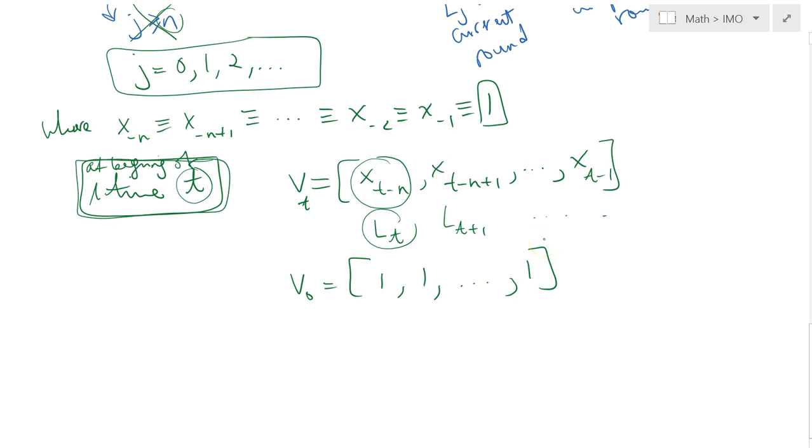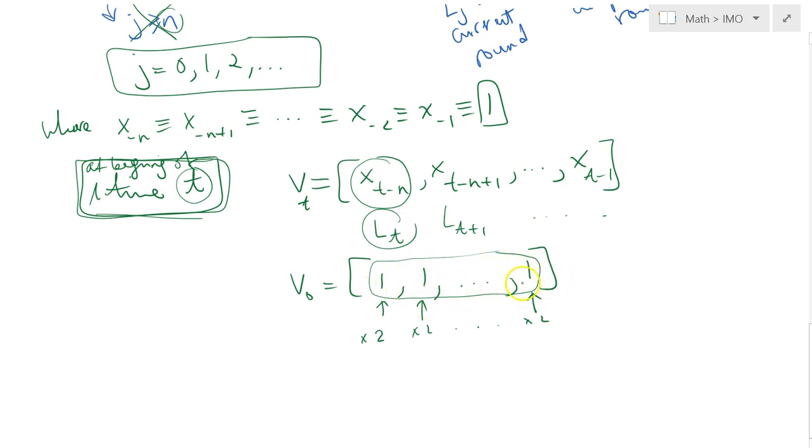Now when you think about it, this is a counting problem. How many different vectors are possible? Well, there are 2 choices for this entry, 2 choices for this one, and so on, 2 choices for each one, and this is a vector of size n by 1 or 1 by n.